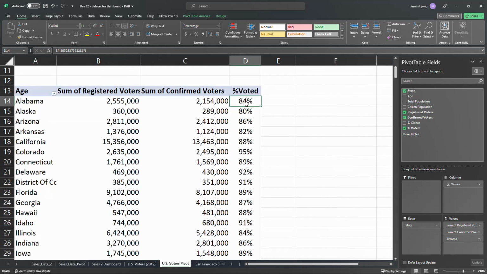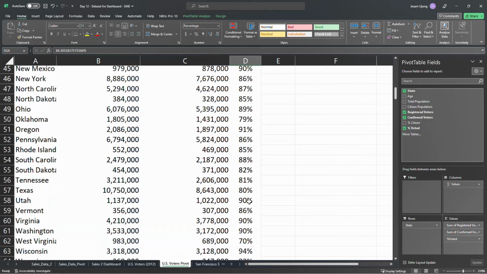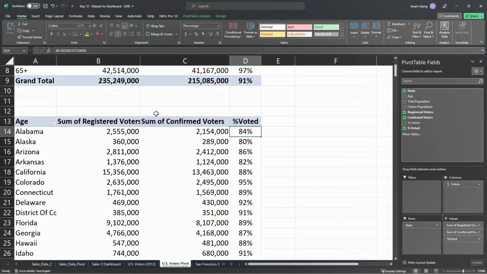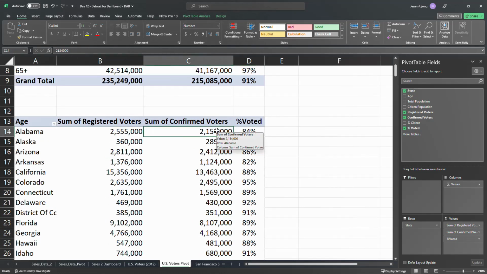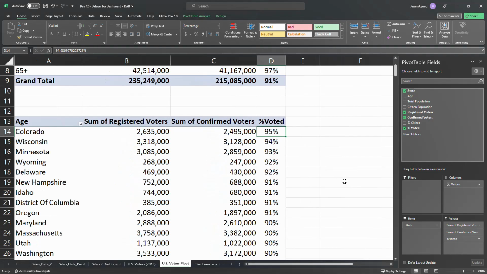So we have a calculated field on the percentage of registered voters that went out to actually vote in different states. In this voters column, we can sort from the largest to the smallest, and from here we can see that in the states, I'll change this to states, in the state of Colorado there was a record of the highest registered voters to confirmed voters percentage.